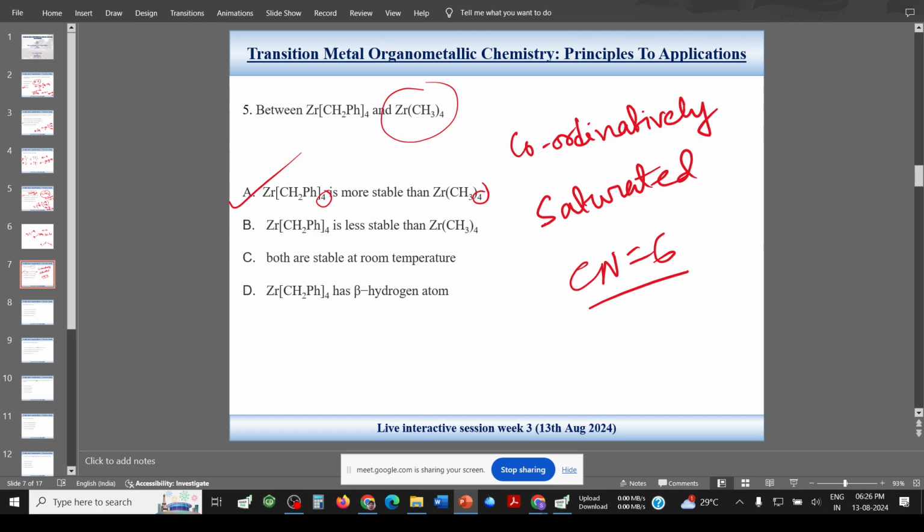Because of the steric bulk of the benzyl ligand, it doesn't allow another benzyl moiety to bond with the zirconium. So because of this large size, coordination is restricted to coordination number 4. That's another reason for the stability of the zirconium tetrabenzyl complexes. Is this clear?